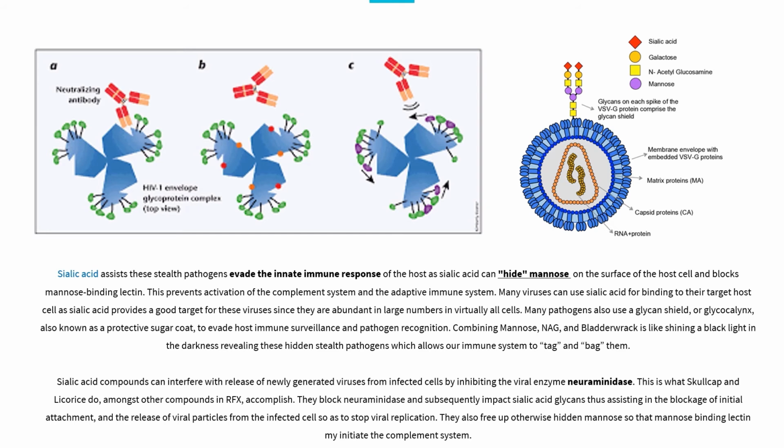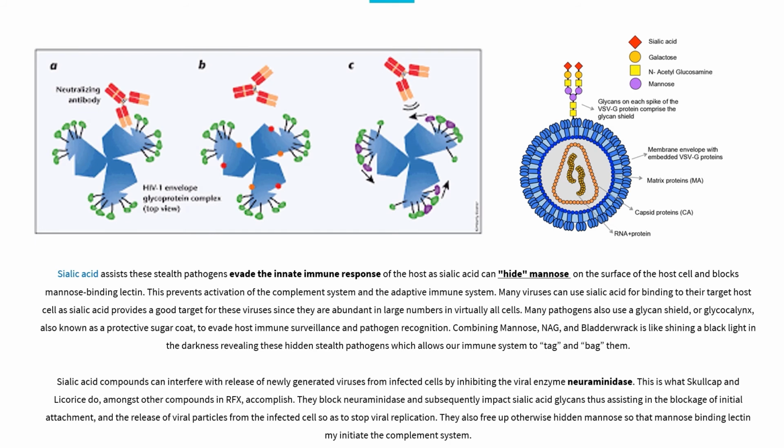Sialic acid compounds can interfere with the release of newly generated viruses from infected cells by inhibiting the viral enzyme known as neuraminidase. This is what skullcap and licorice do, among other compounds found in Reverse Effects. They block neuraminidase and subsequently impact sialic acid glycans, thus assisting in the blockage of the initial attachment and the release of viral particles from the infected cell so as to stop viral replication.